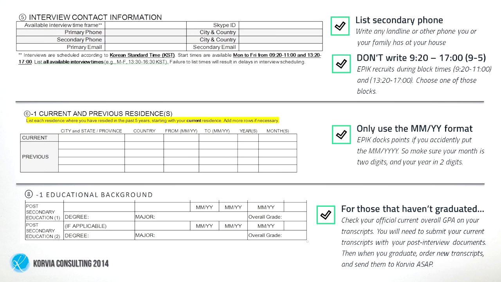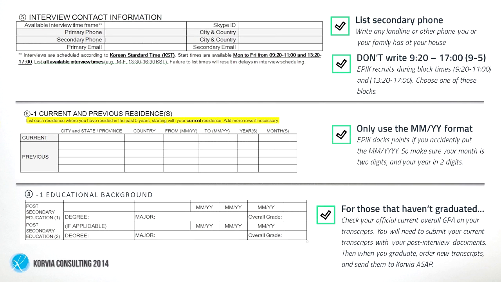You can get your current GPA and put it down here. Then when you graduate, you'll need to submit your new GPA and your new official transcripts. Actually, you'll need 2 sets of transcripts if you haven't graduated: your transcripts now before you graduate, and then the ones again when you do graduate, okay?